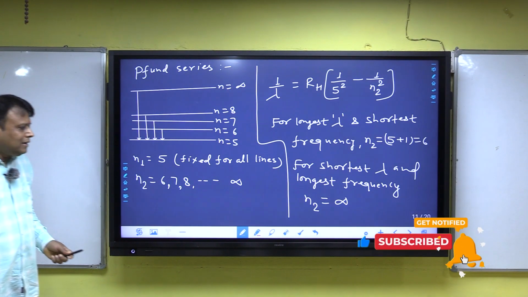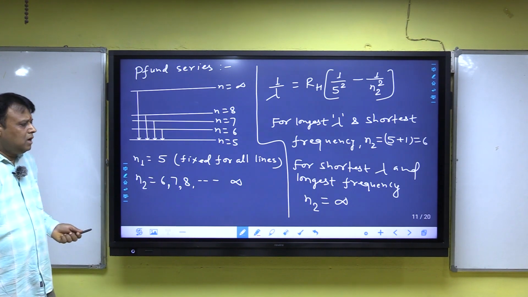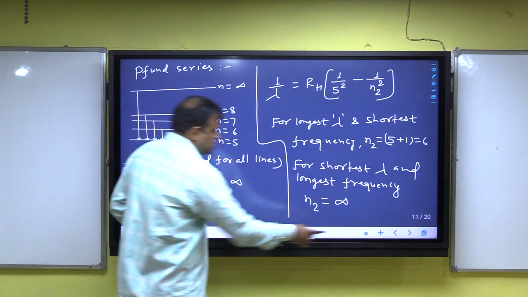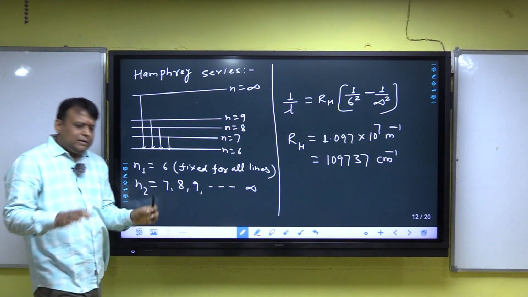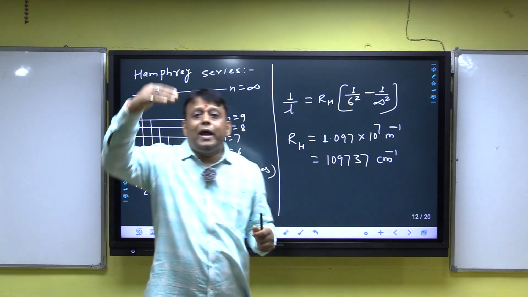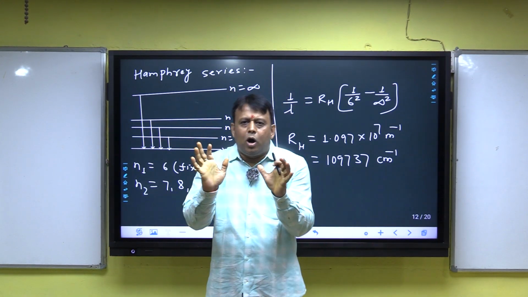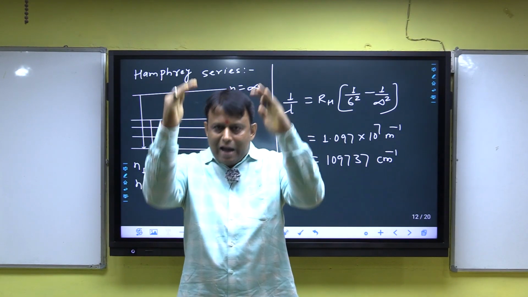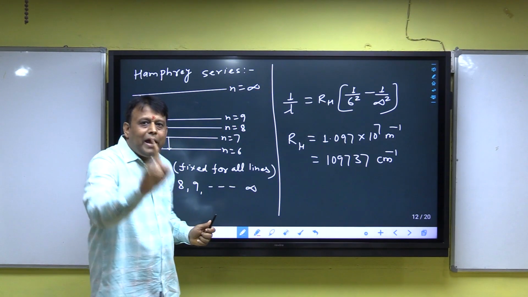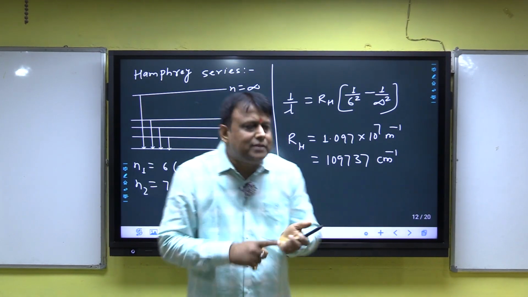Next, and the last series, write down: the last series is Humphreys. Same meaning: when an electron falls from some higher orbit to the 6th orbit, and the 6th orbit means the 5th excited state.